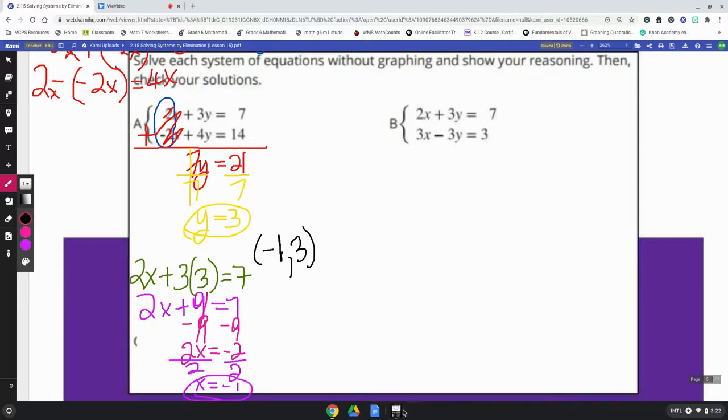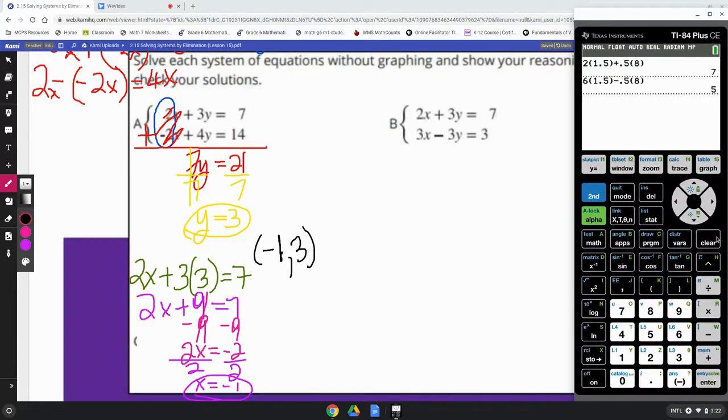Now remember to check. Check to see if that's correct. So I have 2, x is negative 1. So 2 times negative 1 plus, whoops, there's not a plus, so plus 3 times 3. Does that give me 7? Yes, it does.